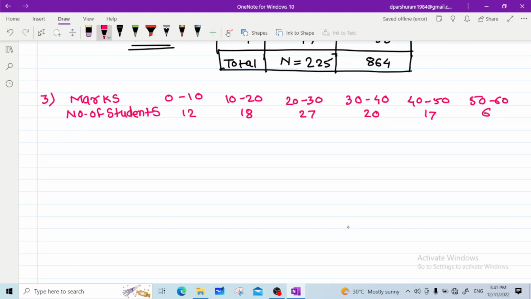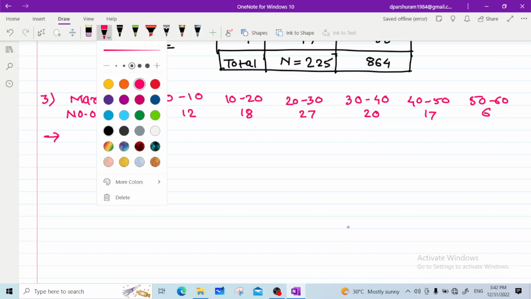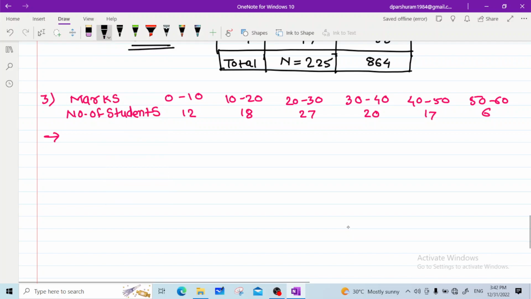We solve this example by two methods. The first one is the direct method and the second one is the step deviation method. For the direct method, we have to construct a table.